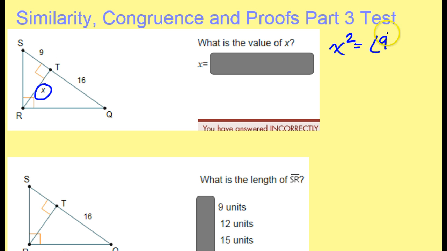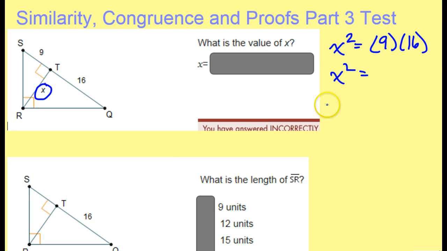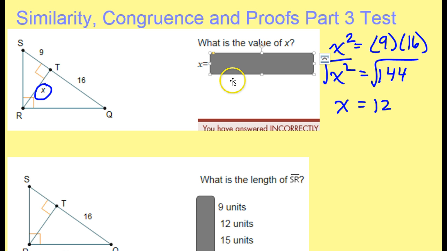That should equal 9 times 16, so that's 144. And if I want x by itself, of course I'm going to take the square root of both sides. So that's going to be 12. So x should equal 12. That's why the answer was 12.